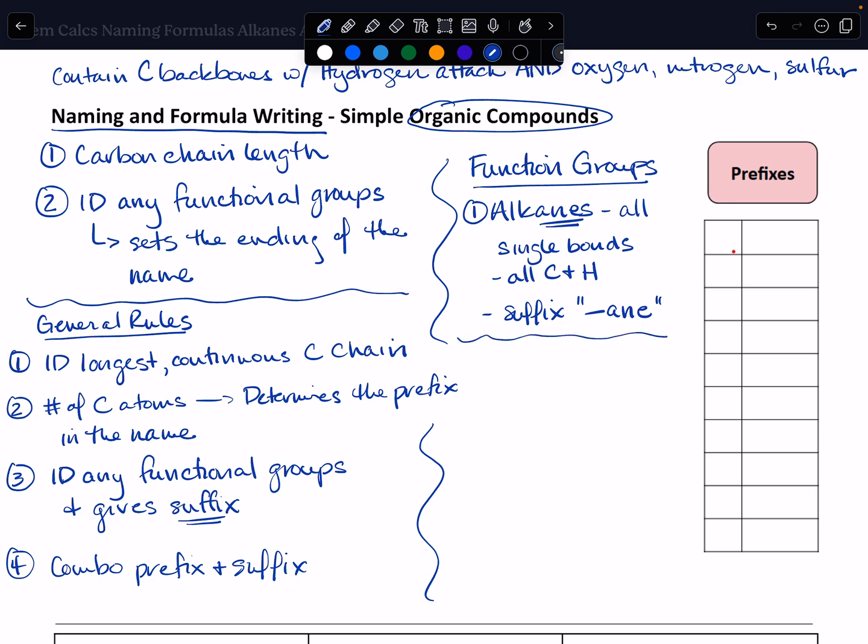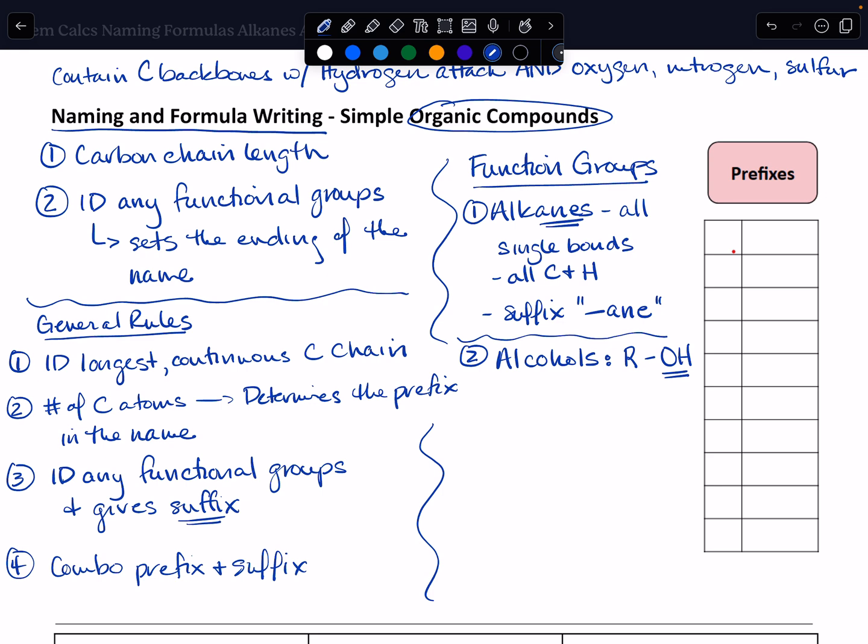Okay. We are also going to look at a group called the alcohols. All right. And in organic chemistry, they use the R to represent the main chain, the main carbon chain, and then the functional group is listed. So whenever we have a carbon chain of any length and it ends with an OH group, that's considered an alcohol.